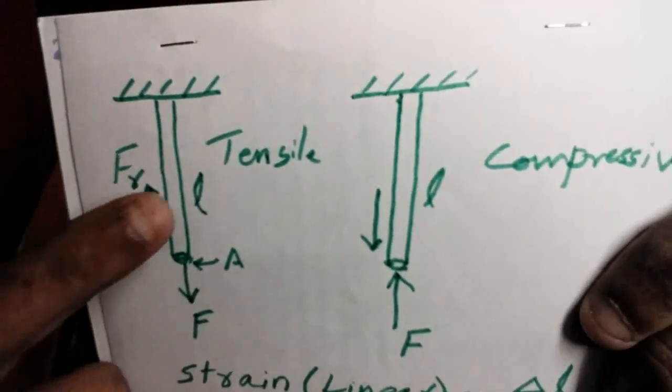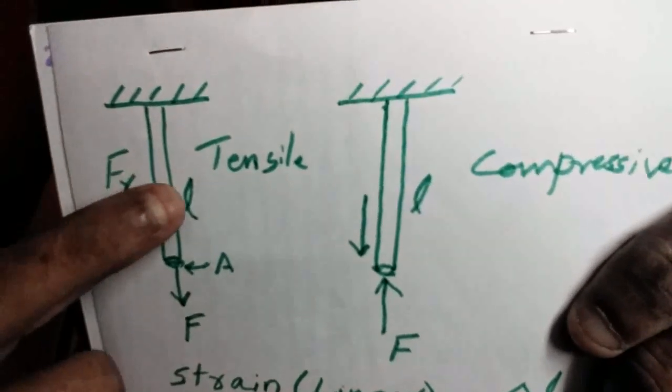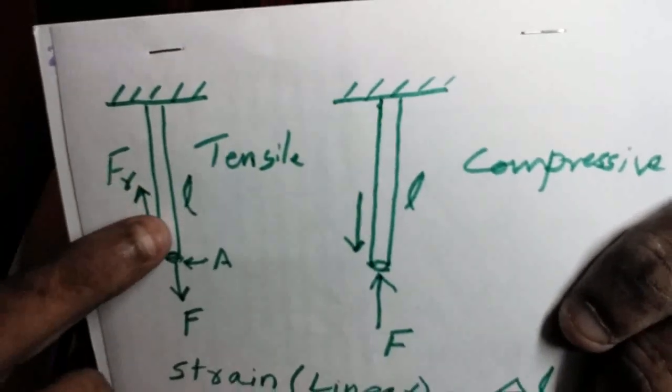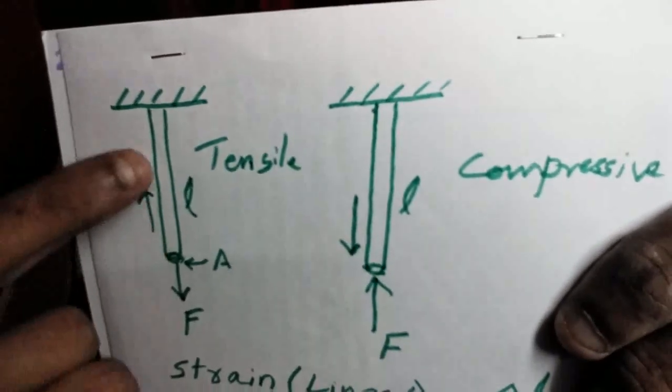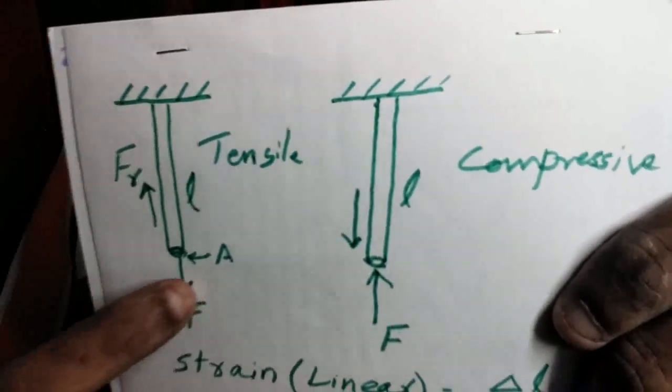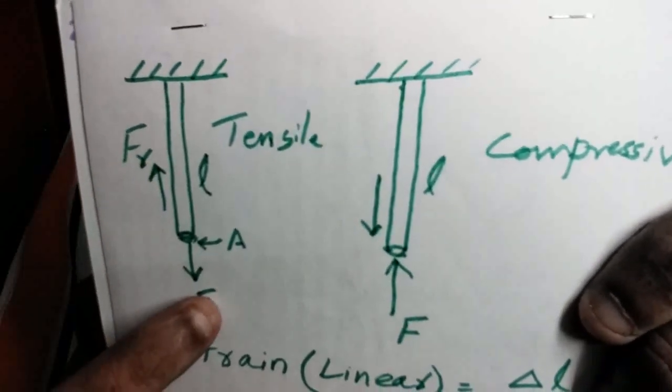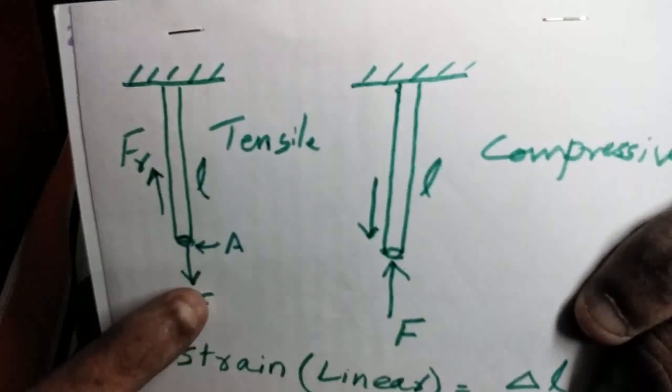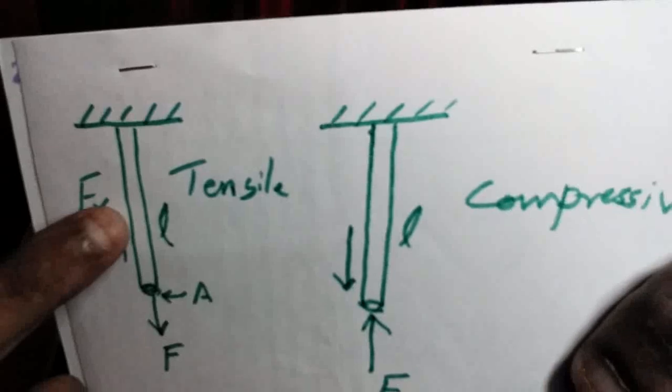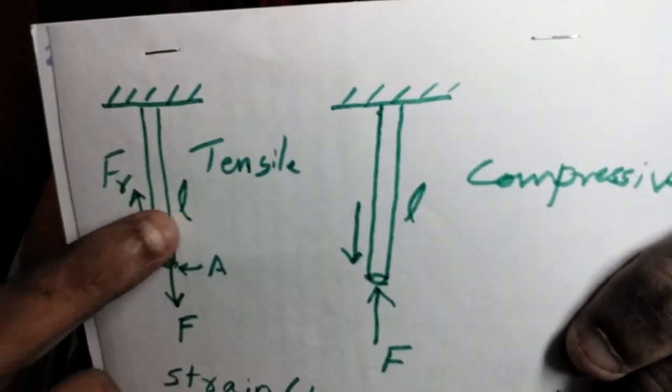That means a restoring force will develop inside the wire that will try to cancel the increase in length, or it will oppose the applied tensile force. This restoring force per unit area of cross section is called linear stress. Linear stress is the restoring force developed in a body when its length is increased.